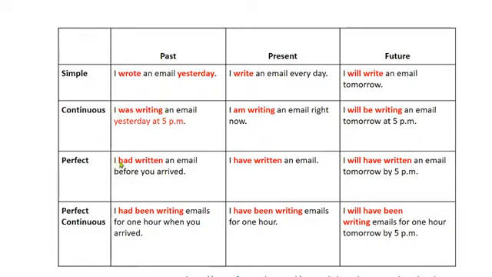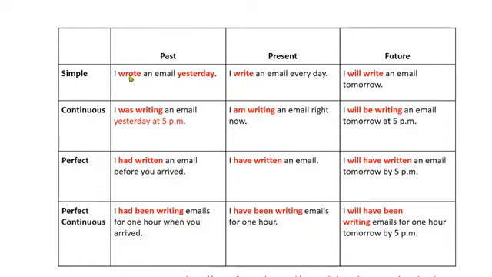Then past perfect tense. It's had plus verb in past participle. That's why had written. And the rule of past perfect continuous is had been plus verb plus ing. That's why had been writing.